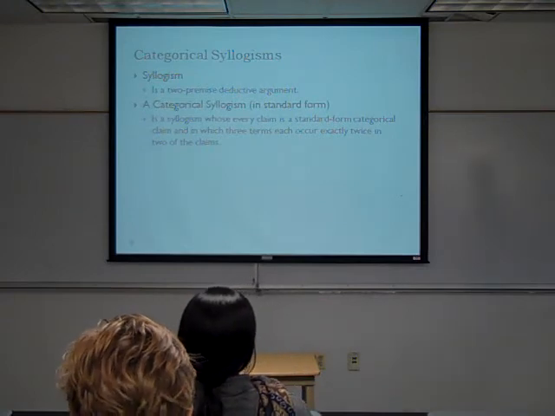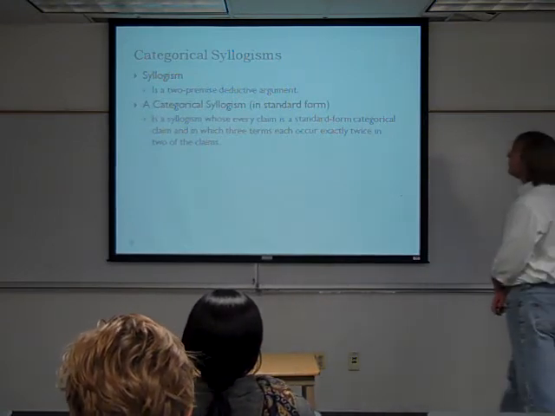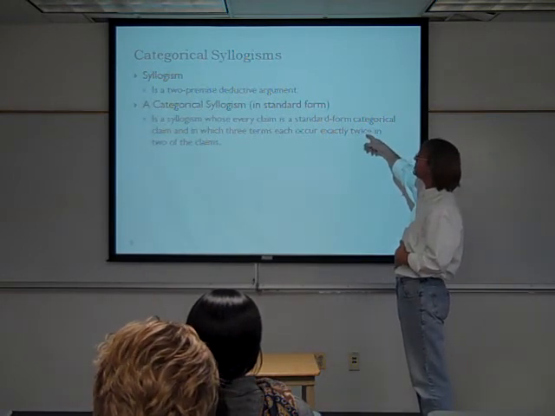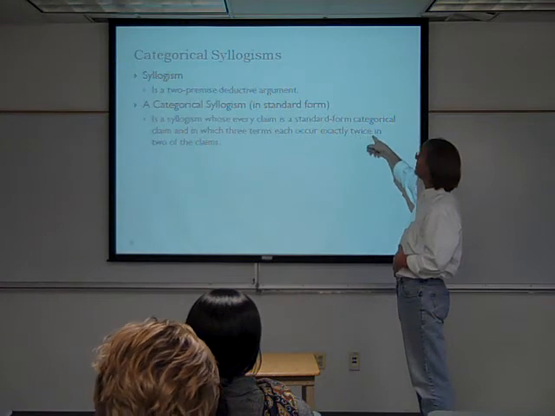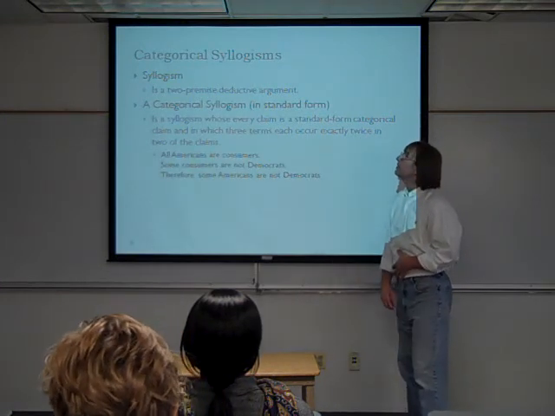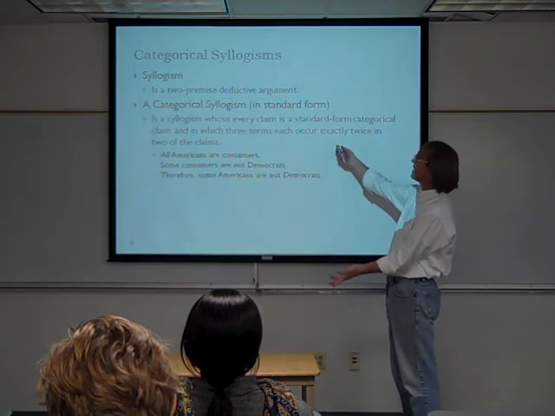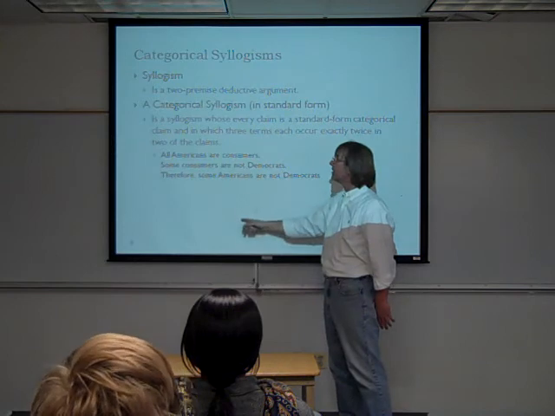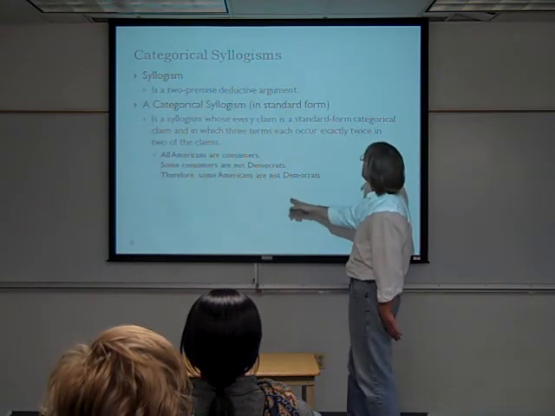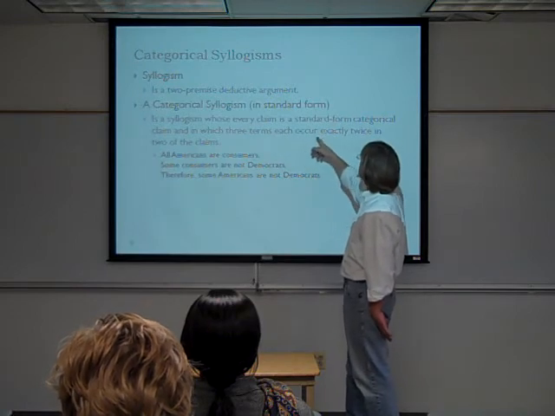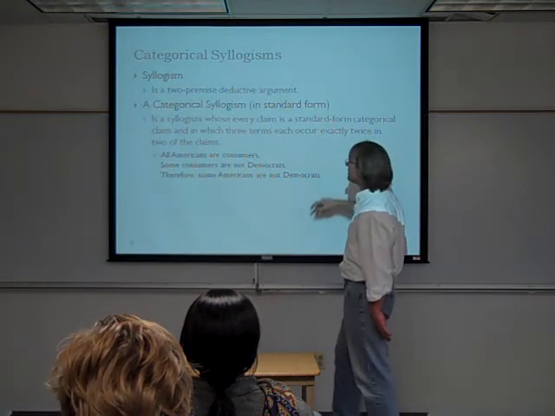And in this syllogism, every claim is going to be a standard form categorical claim in which three terms each occur exactly twice in two of the claims. For example, this is an example of a categorical syllogism. You'll notice that all of the statements are in categorical form, and there are three terms, and each are going to occur exactly twice.